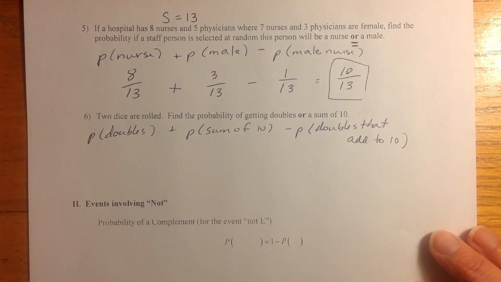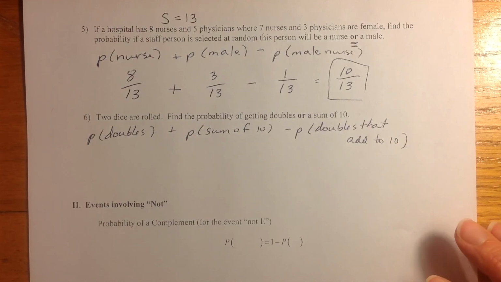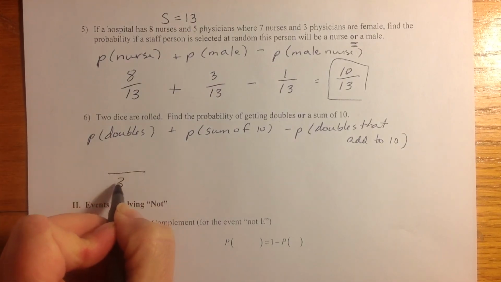Well, remember, when you roll 2 dice, the total possible sums that you get are 36, because there's 6 numbers on each dice. So the fundamental counting principle would say 6 choices times 6 choices is 36 total sums. So our denominator is 36.